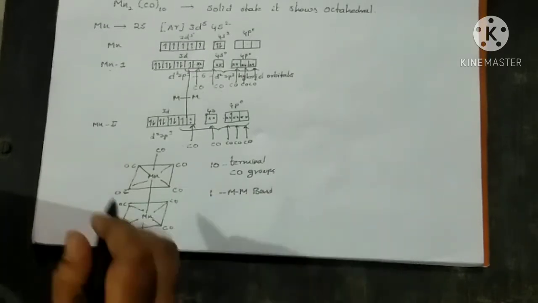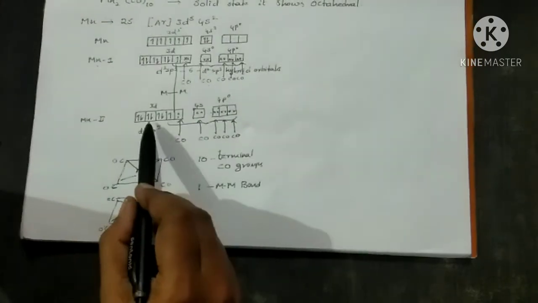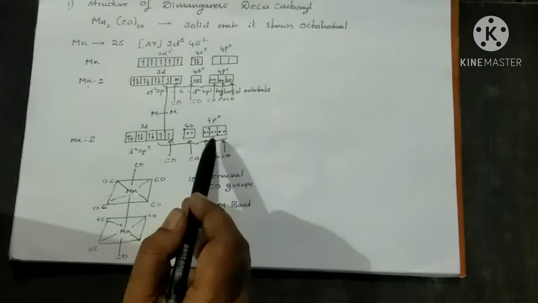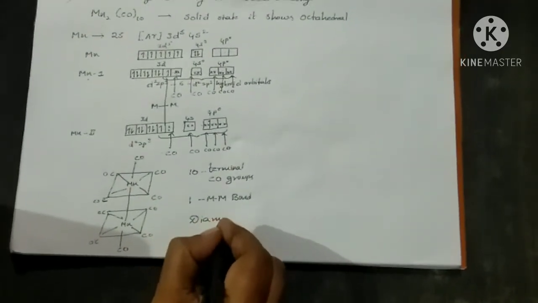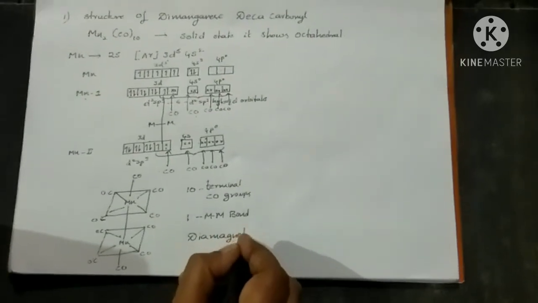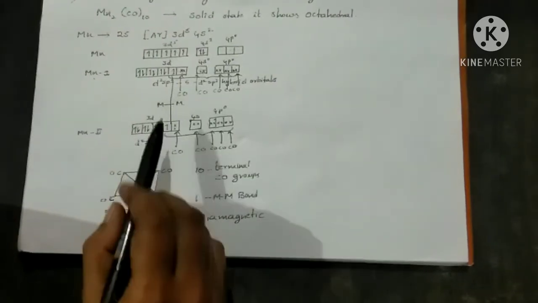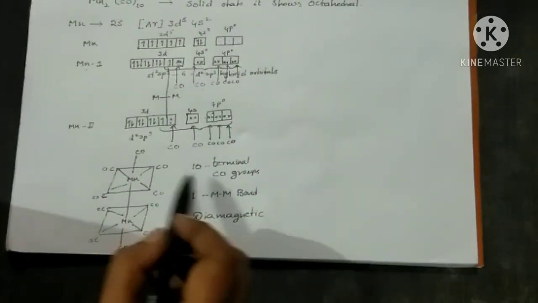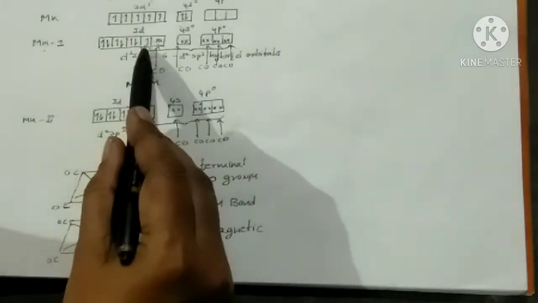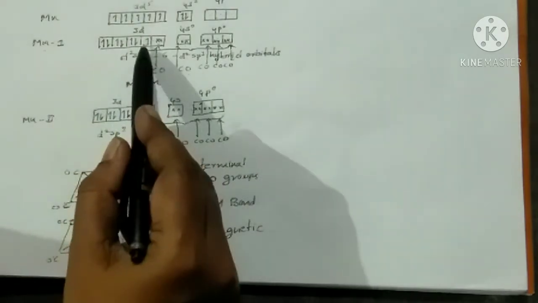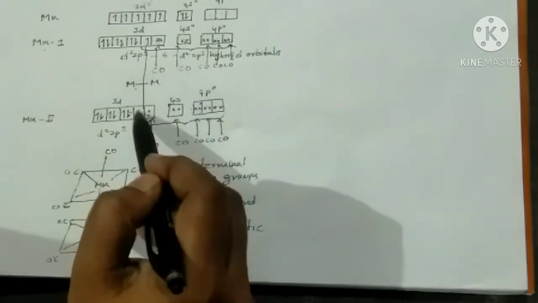No bridging ligands are seen in dimanganese decacarbonyl, as all the electrons in the orbitals are paired up. This shows diamagnetic nature. Also, in each manganese atom one unpaired electron is present, but these two unpaired electrons get paired up with each other.